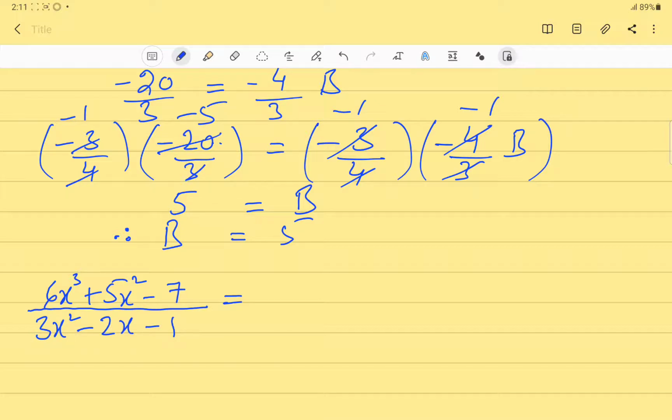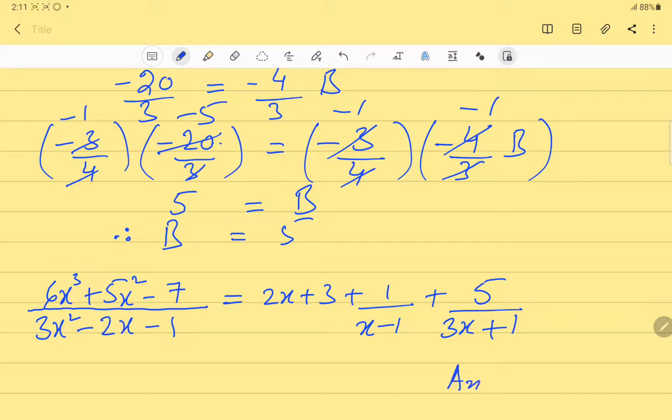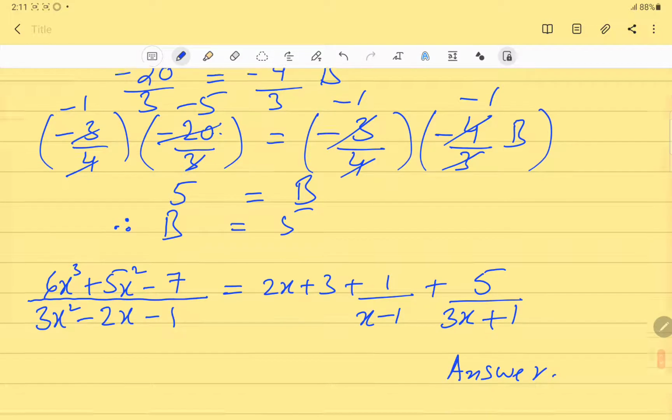We have to add it back here in the partial fraction, so it will be 2x plus 3 plus 1 over x minus 1 plus 5 over 3x plus 1, which is the answer of this last question of the video.